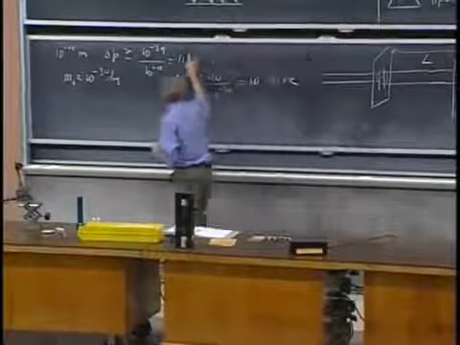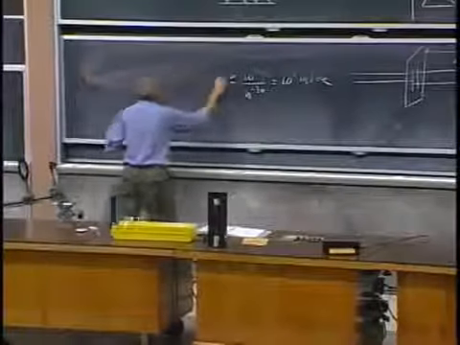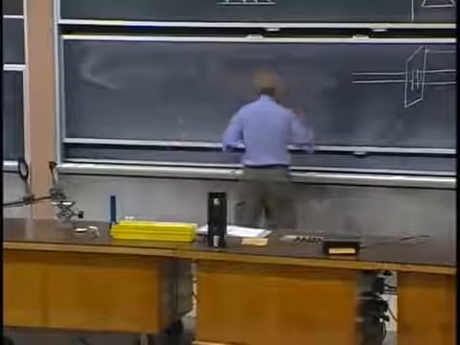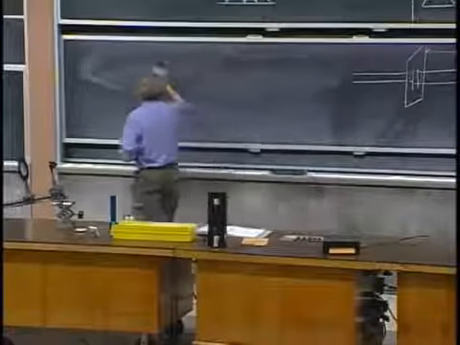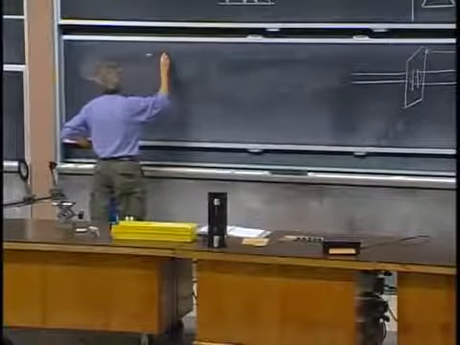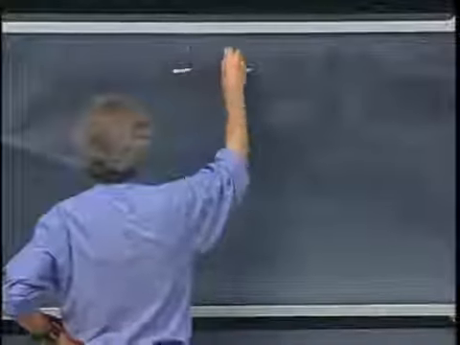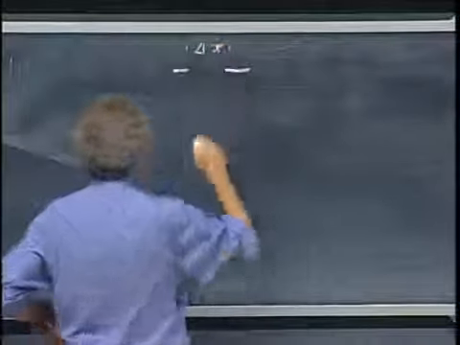So let's look at this slit from above. Here's the slit. And the slit has an opening delta x. And this delta x we're going to make smaller and smaller.